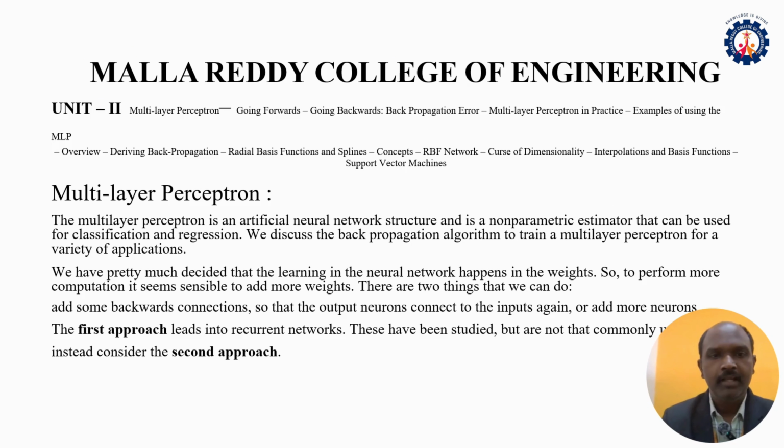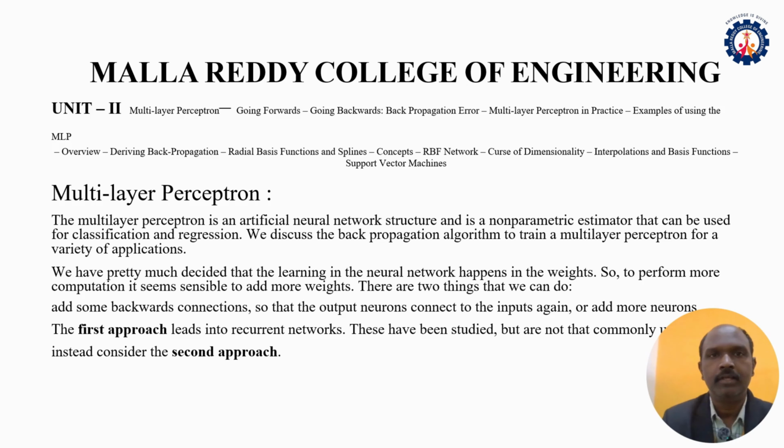So in depth, if you go for the multi-layer perceptron, what is it exactly? The multi-layer perceptron is an artificial neural network structure, and it is a non-parametric estimator that can be used for classification and regression. We have used classification and regression in many situations in previous scenarios.